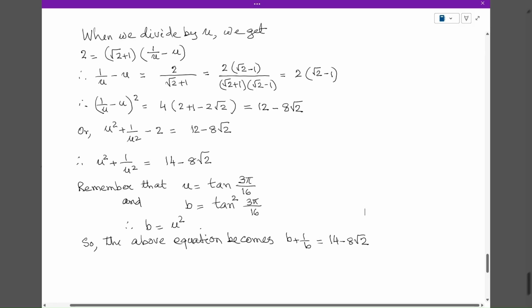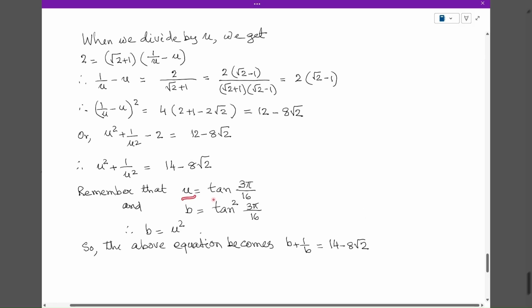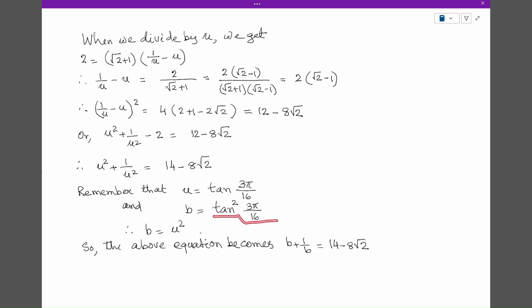Remember that we had taken u is equal to tan 3 pi by 16 and B is equal to tan square 3 pi by 16. Therefore, B was u square. So, this expression becomes B plus 1 by B is equal to 14 minus 8 square root of 2.